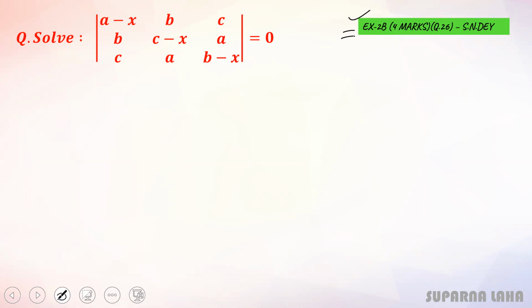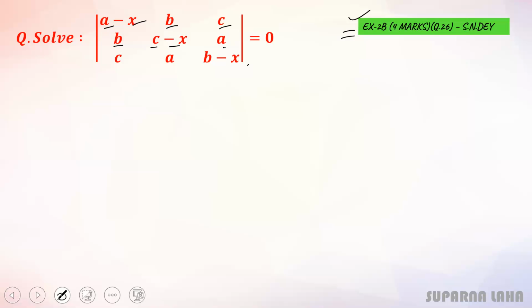So firstly we need to convert this determinant into an expression in x. Look here: a, b, c in the first row and minus x, and look at the second row, minus x, c, b, a. Every row contains these elements a, b, c and minus x, and if you go through the columns you will find the same thing.